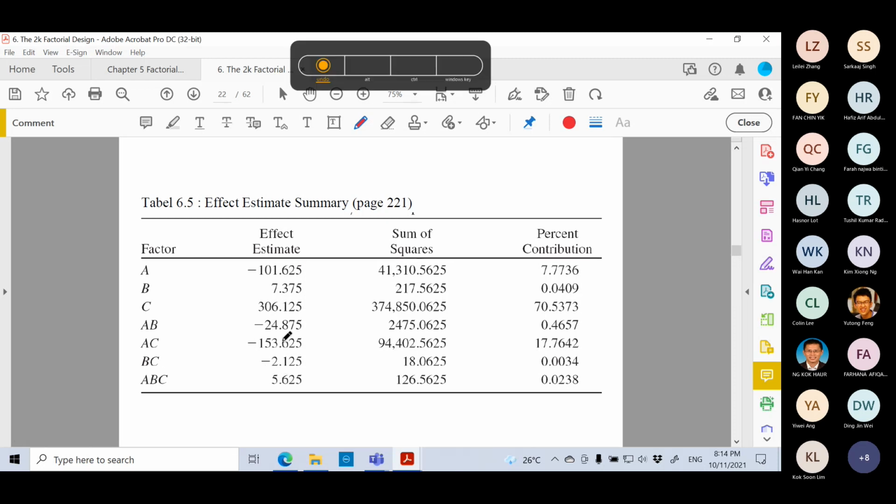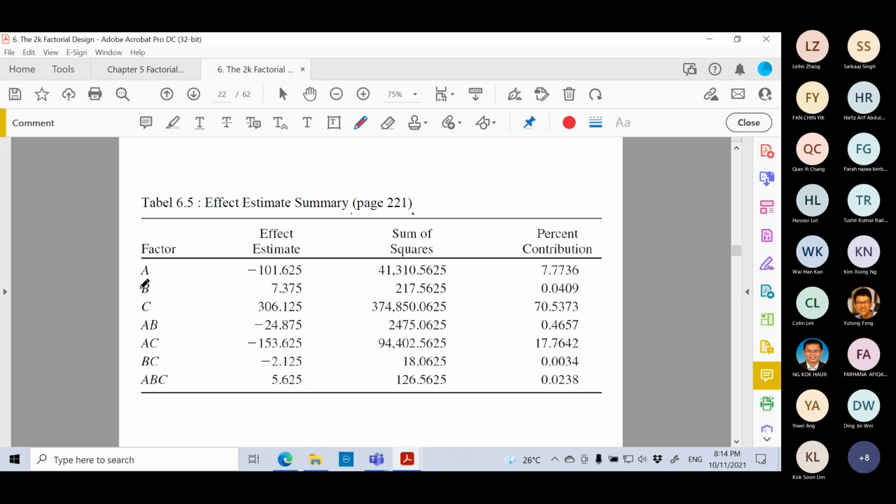If you observe the effects themselves, you can see that C will be the largest effect. AC will be a negative effect, but is considered the second largest. Whereas the effects of ABC and BC are close to 0.